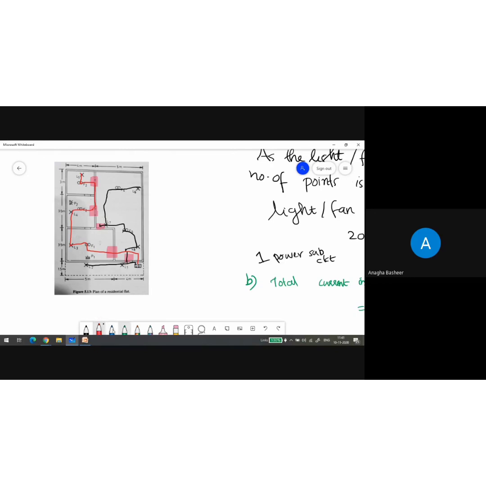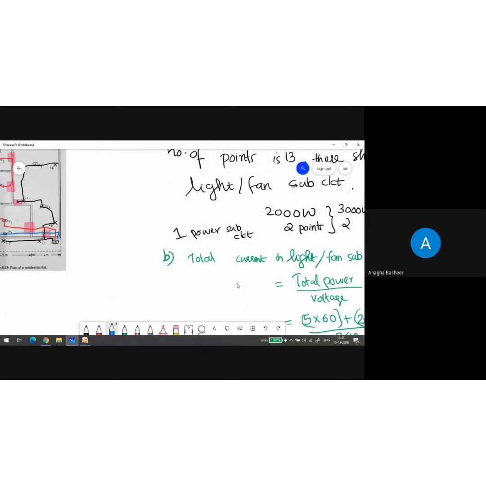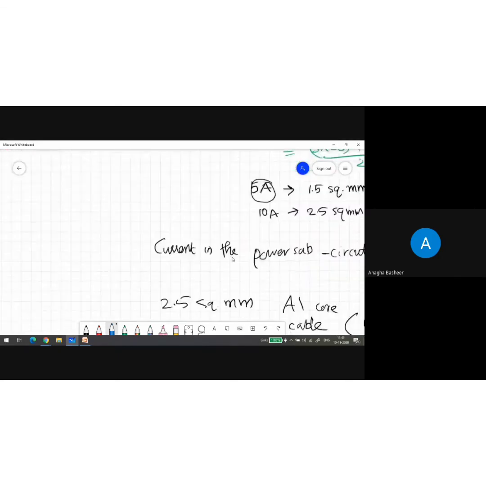Second sub-circuit. The third sub-circuit is starting from here. Only we will consider the power plug. So this is the power sub-circuit. So this black and red lines indicate the light and fan sub-circuits 1 and 2. Then the blue line indicates the power sub-circuit. Then accordingly we have to calculate the total number of sub-circuits, the total load, then how we choose the distribution box, main fuse, etc.